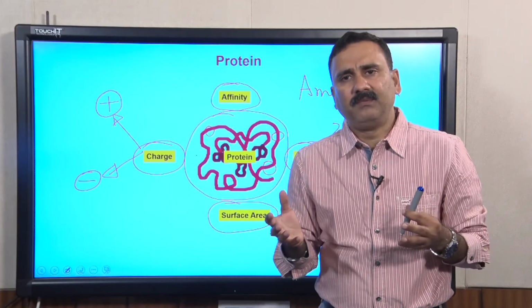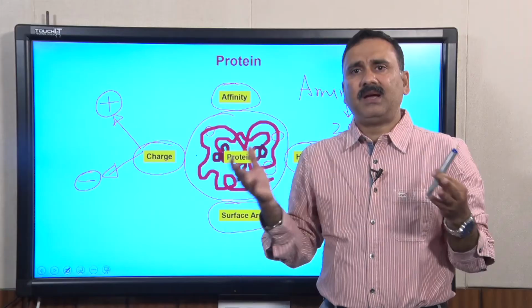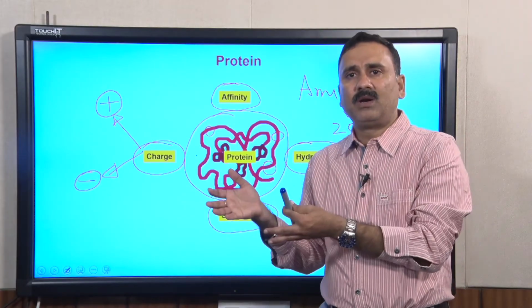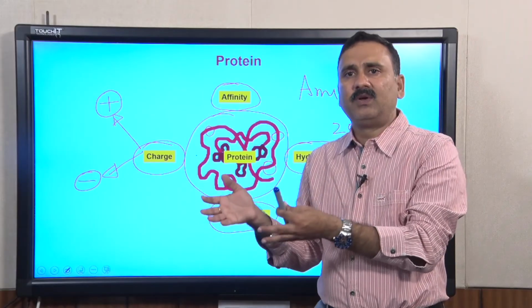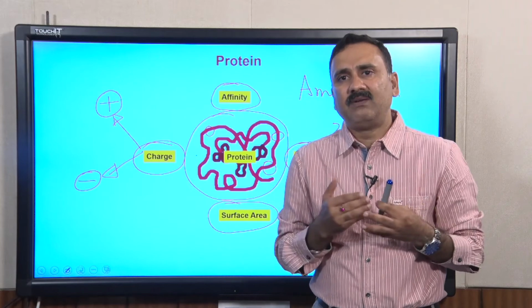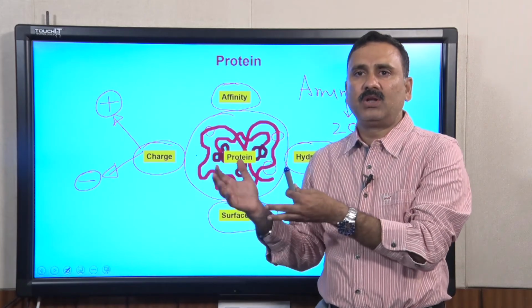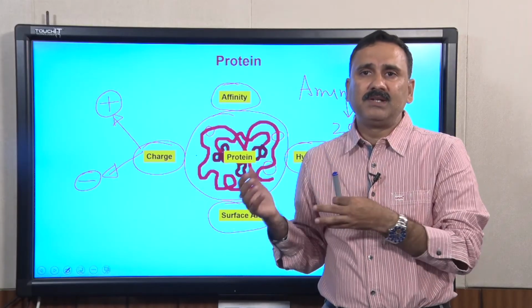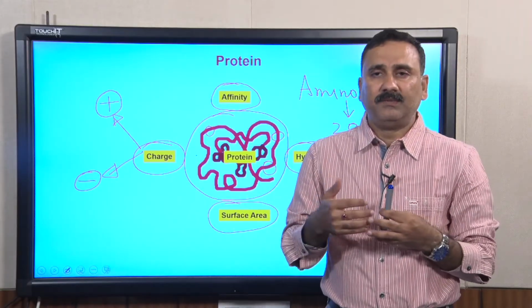This is just one example. There are many other examples where molecules may have a very specific affinity for some ligands. For example, there are many dehydrogenases which have an affinity for NADH or NADPH, and in those cases you can use these ligands to purify the proteins.